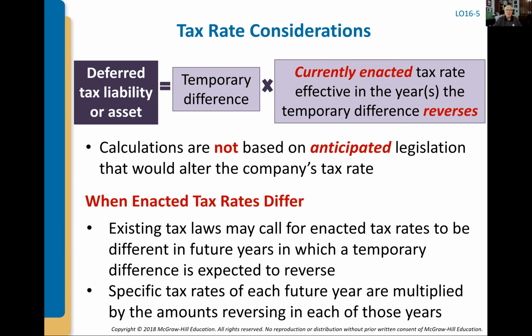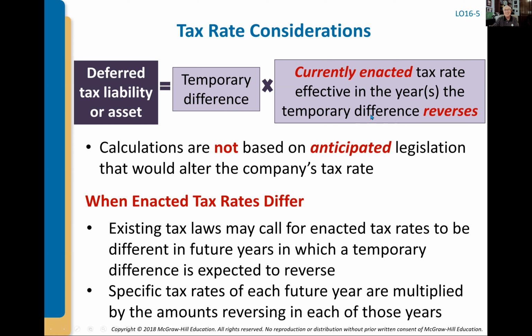Again, just some cleanup here, if you will, because the tax rate, remember, is a big part of the calculation of DTAs and DTLs. And what if we have a change in the law that reduces the tax rate or increases the tax rate? That happened a couple of years ago under the Trump administration when Republicans were in charge, to reduce the tax. Well, you cannot change the calculation of your DTA or DTL until it is a currently enacted tax rate in that year.